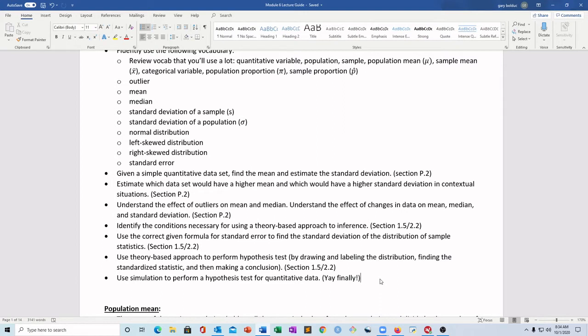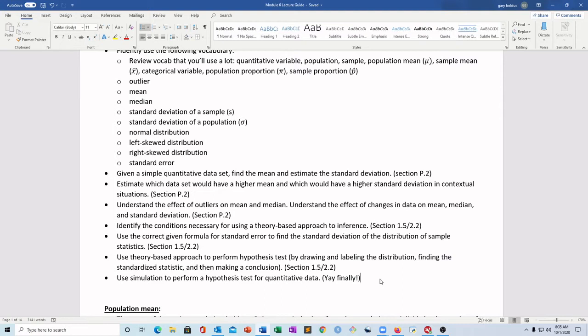Here's the difference though. Instead of simulating the null distribution, having a computer do it by us telling it some information, we're going to use formulas to create it instead. I know that's a little bit weird. What do you mean we're going to use a formula? We have the ability, under certain circumstances, to just completely predict what the null distribution should look like.